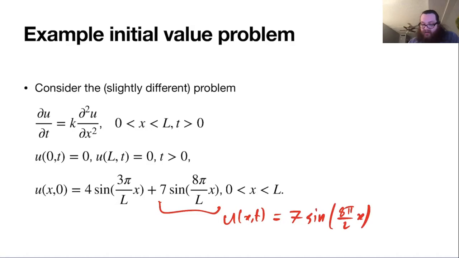So n is equal to 8. And if we incorporate the time dependent piece, we're going to get e to the minus k 8 pi over L squared t. So this thing right here works if we just had this initial condition.